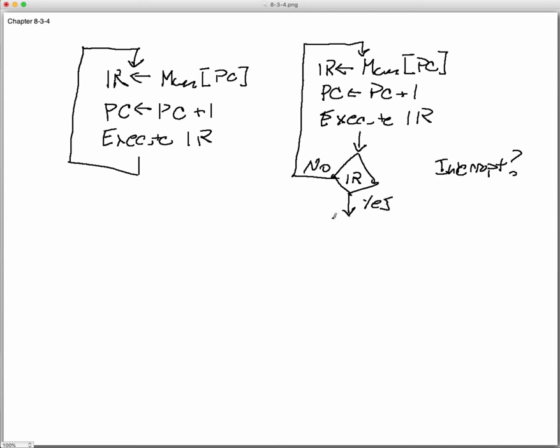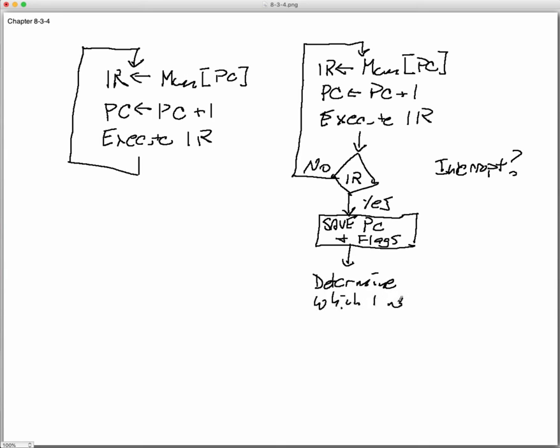we have a couple of things we need to do. The first thing we need to do is we need to save PC and flags. And we will discuss later in the class where we save them, but they have to be saved. Then what we need to do is we need to determine which line interrupted.